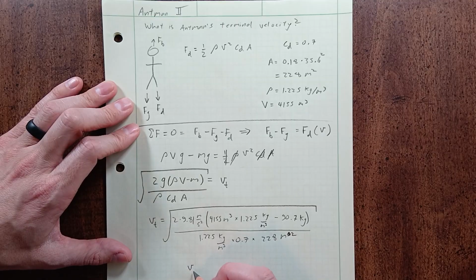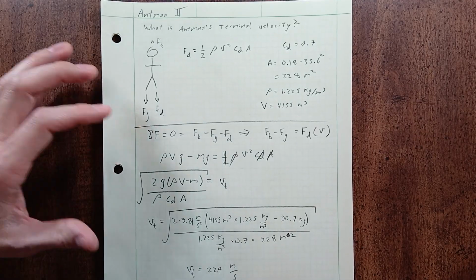And now we can solve for our terminal velocity. So, Antman's terminal velocity is 22.4 meters per second.